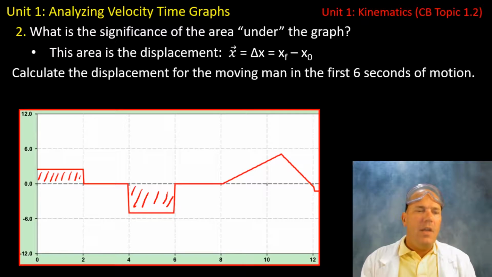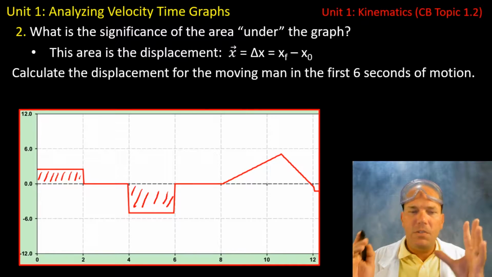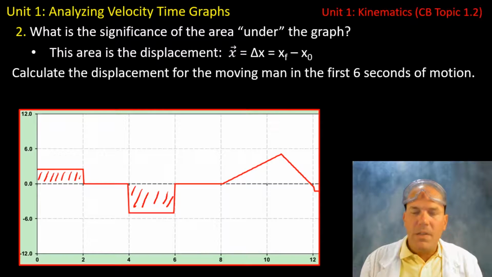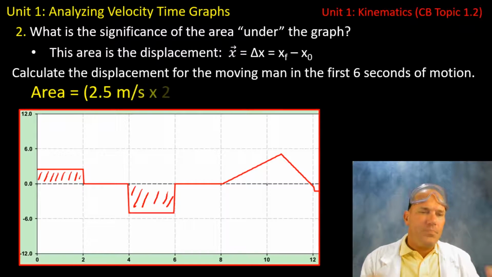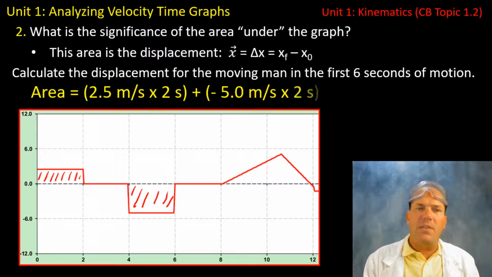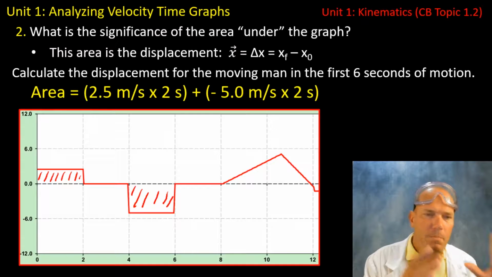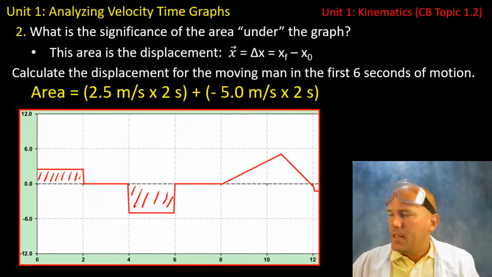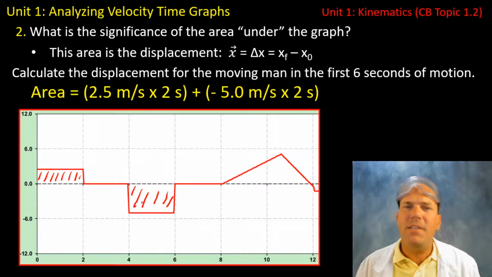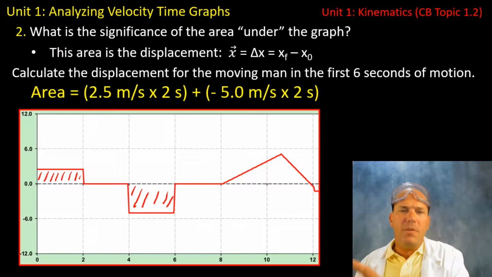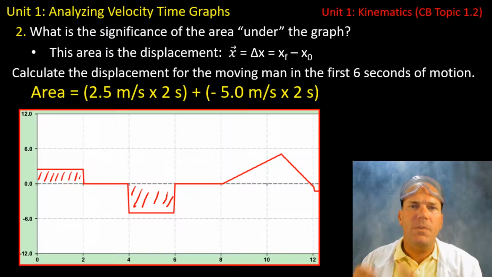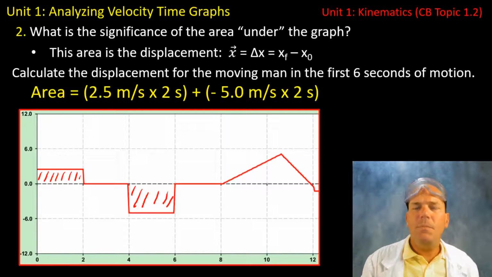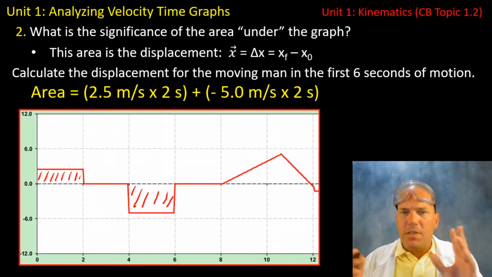Okay, so here I have two rectangles in this time, and I'm going to take the first area, which is 2.5 meters per second that occurred for 2 seconds. So base times height, and I'm going to add this other area here, but I must pay attention to signage. So that was a negative 5 meters per second multiplied by, on the horizontal axis, the base, which is 2 seconds.